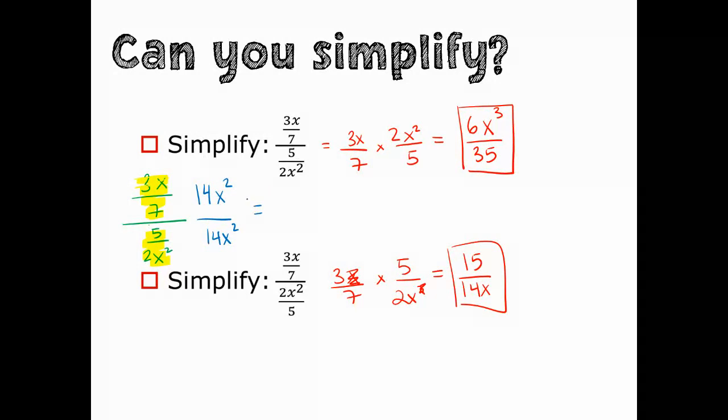I have 14 times 3, but then divided by 7. That's just going to give me 6. 14 divided by 7 is 2, 2 times 3 is 6. x to the third over... what happens here? 14 divided by 2 is 7. x squared goes away.